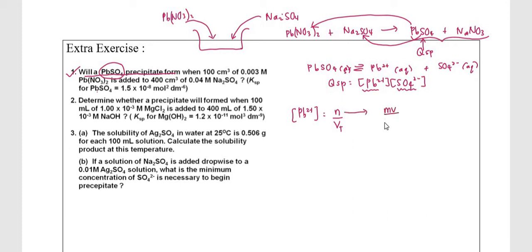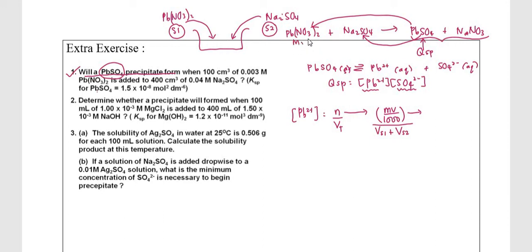Using MV over 1000. Total volume here refers to the volume of solution 1 plus the volume of solution number 2. This is solution number 1. This is solution number 2.